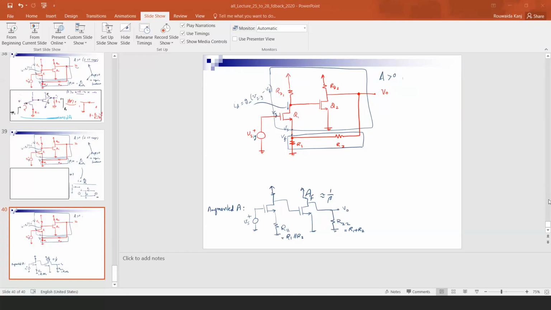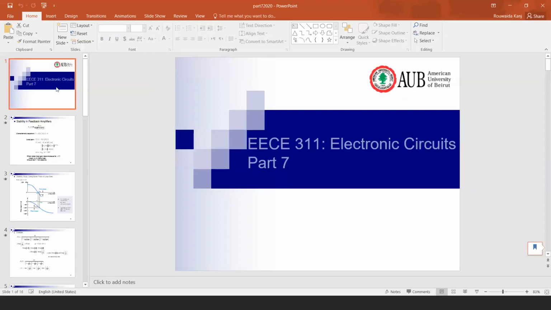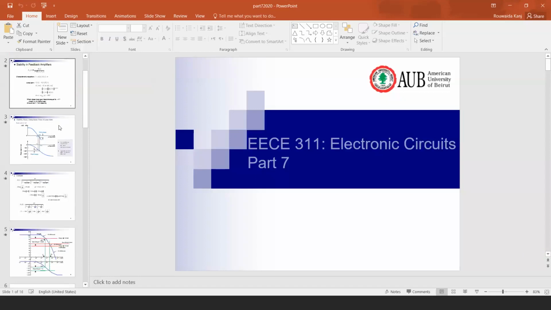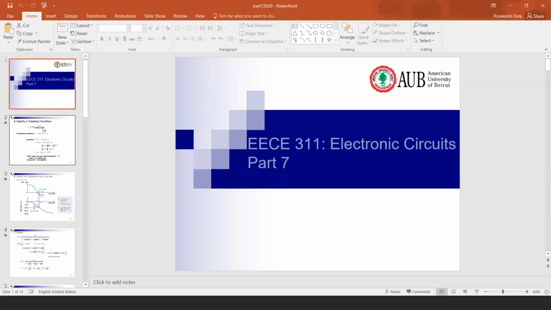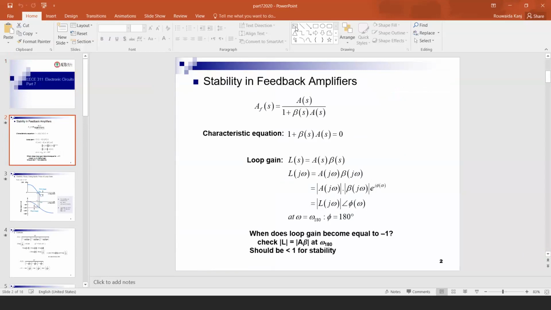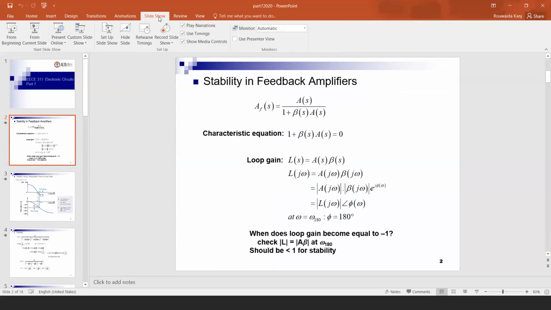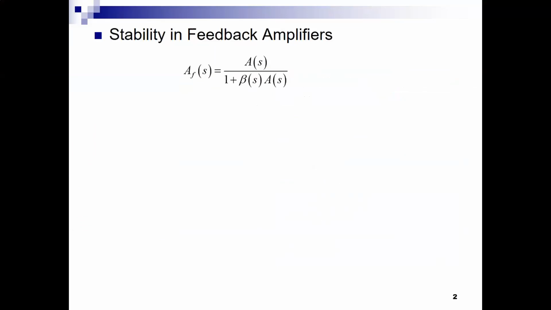So we will now move to part number 7. We have posted the new part for you on Moodle. It's 16 slides. If not, I will email it to you. And this part is going to talk about the stability of the feedback amplifier.